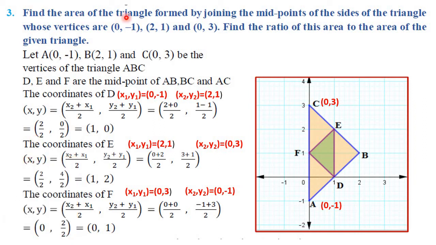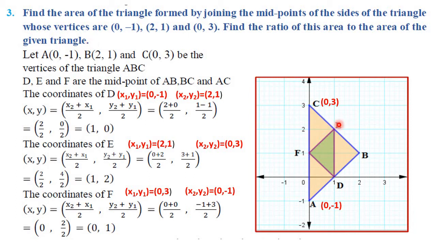Find the area of the triangle formed by joining the midpoints of the sides of the triangle whose vertices are (0, -1), (2, 1) and (0, 3). Find the ratio of this area to the area of the given triangle.